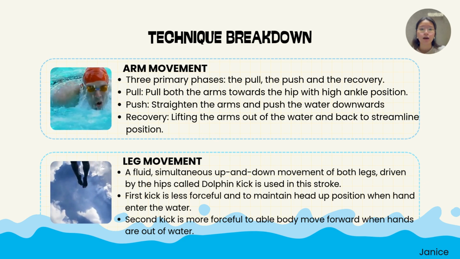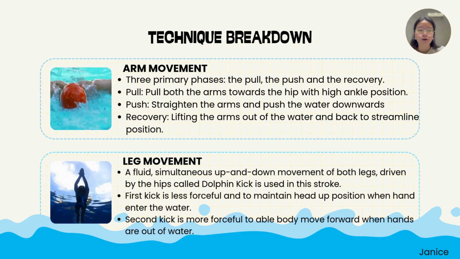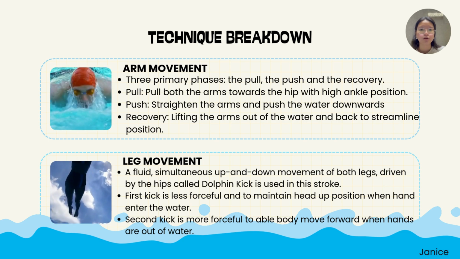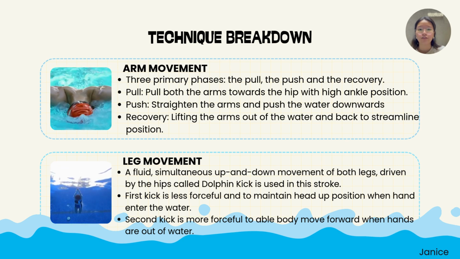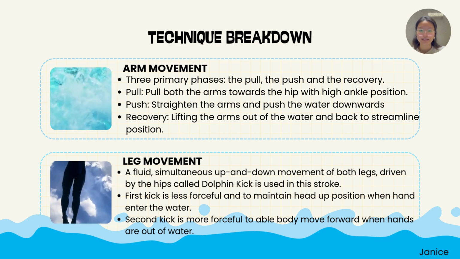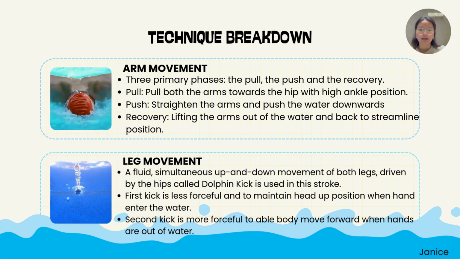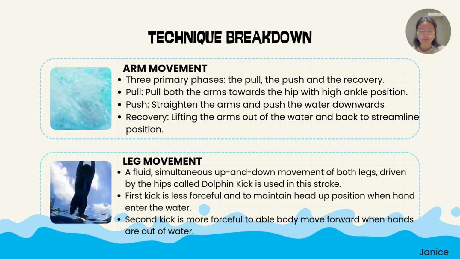By pushing the water downward, you will have enough force to move forward, and the force could also enable the swimmer to lift their head and break the water surface to have enough oxygen supply. And the last one is the recovery phase. In the recovery phase, we lift the arm out of the water and back to the streamlined position.